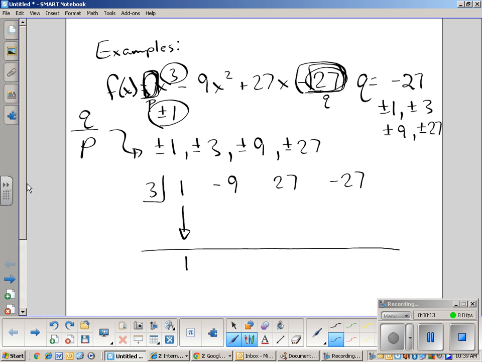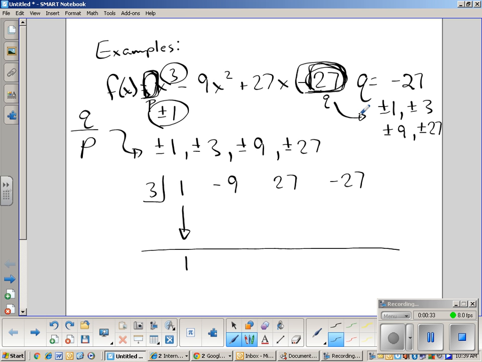What we did was find all the factors of 27, and we called them the Q's. To get 27, it's 1 times 27 or 9 times 3. So all the factors of 27 are plus or minus 1, plus or minus 3, plus or minus 9, or plus or minus 27.